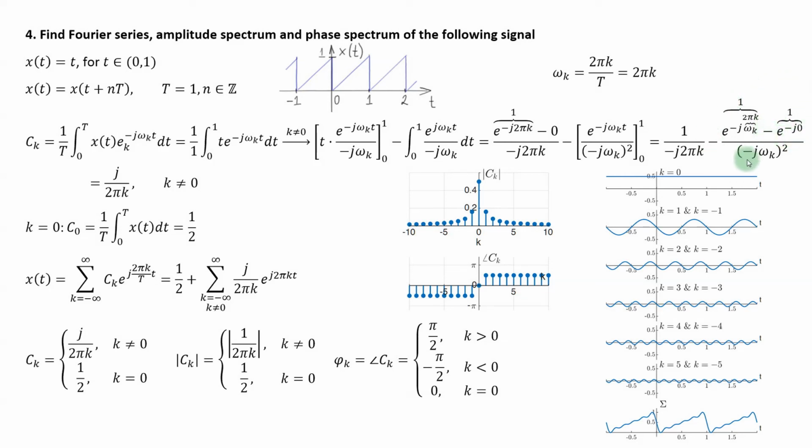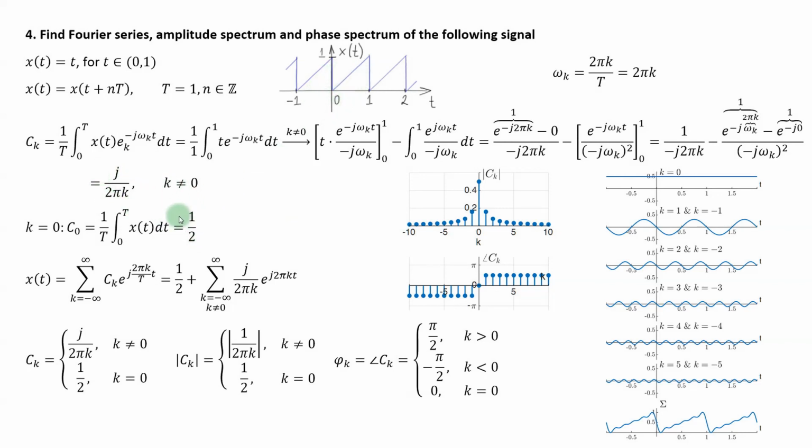Therefore, this entire expression will be 0 and it will go away. The only thing I'm left with is this expression, which I can also write like this. I must not forget that this is valid only for k different from 0 because I cannot divide by 0 here. For k equal to 0, I can compute the coefficient c sub 0 as the average value of my signal, and just by looking at this picture I can see that it is 1/2.